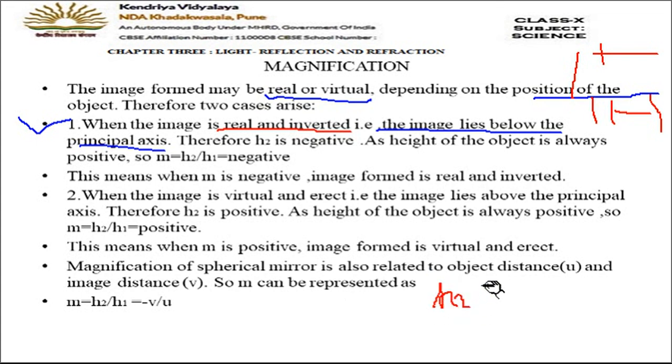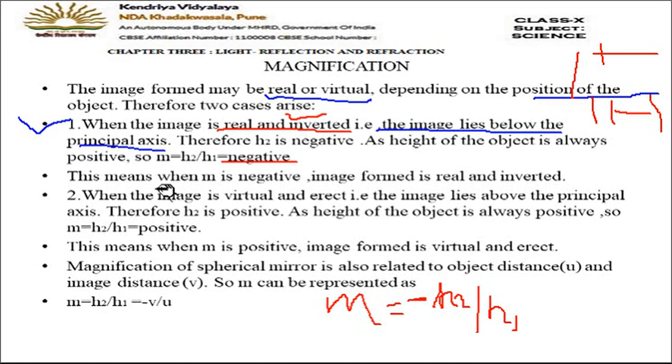Now let us come back to our formula M equals H2 upon H1. What will happen to the value of M if H2 is negative? M will also be negative. So if the image is real and inverted, the M value will always come as a negative number.